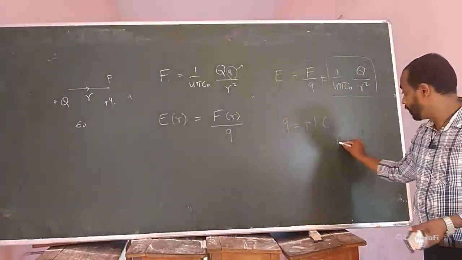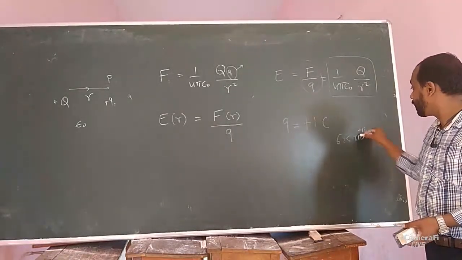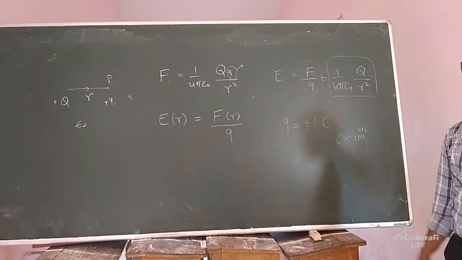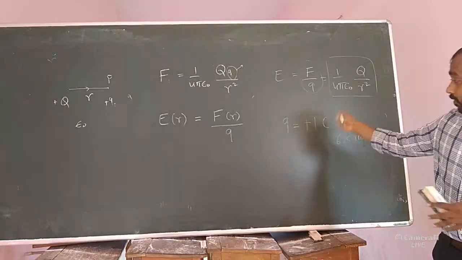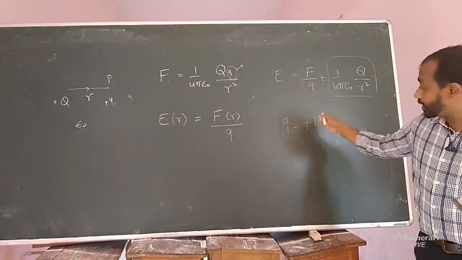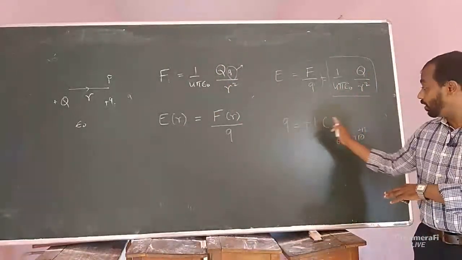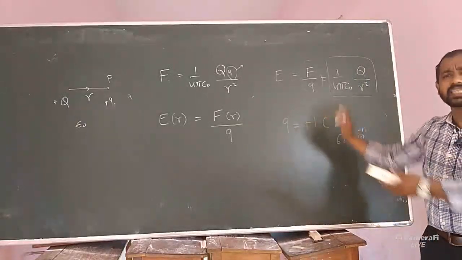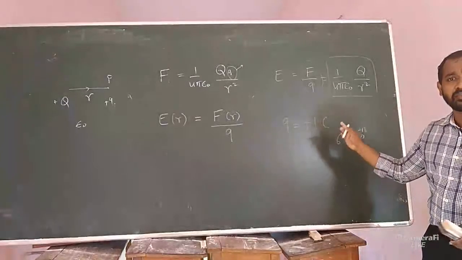It requires 6.25 times 10 raised to 18 positrons to make up this amount of charge. It is a very large charge, so the force exerted would be huge. But we are imagining it so that it is mathematically convenient to us.